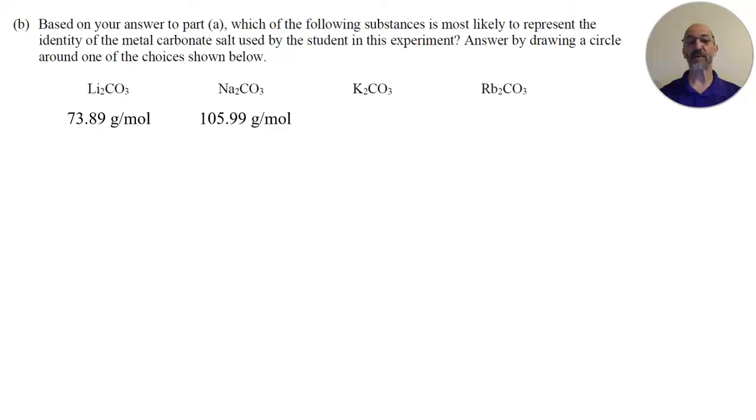Is it potassium carbonate? Yes. Potassium carbonate has a molar mass of approximately 138 grams per mole. And it's not rubidium carbonate because rubidium carbonate has a molar mass of approximately 231 grams per mole. So because the answer to part A was 138 grams per mole, that makes potassium carbonate the most likely identity of the metal carbonate salt used by the student in this experiment.